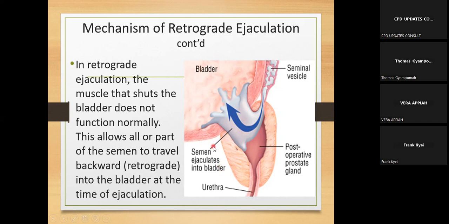But people try to make it look as if when you are talking about retrograde ejaculation, it means that everything has gone. If everything has gone, then that makes it complete. But remember that we said earlier that when there's reduced ejaculation, you suspect retrograde ejaculation. Your suspicion should be based on the fact that the retrograde ejaculation is not complete. Because if it were complete, then you wouldn't even have reduced volume.